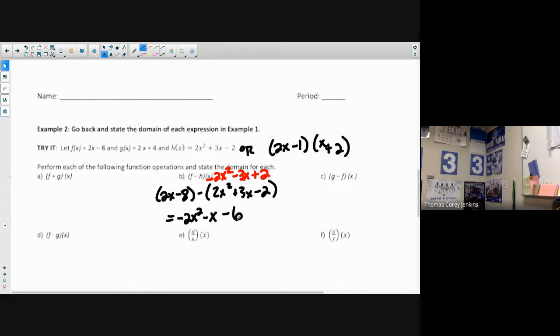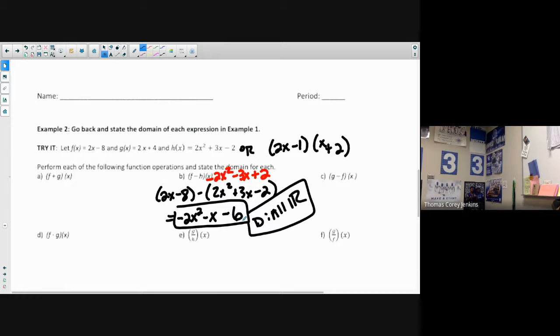All right, so I will just leave that one there. I'm not going to worry about if it can be factored or not. I'll just leave that as my final answer. And my domain, just a regular quadratic, no denominator, is going to be all reals. No restrictions on what we can sub in for x.